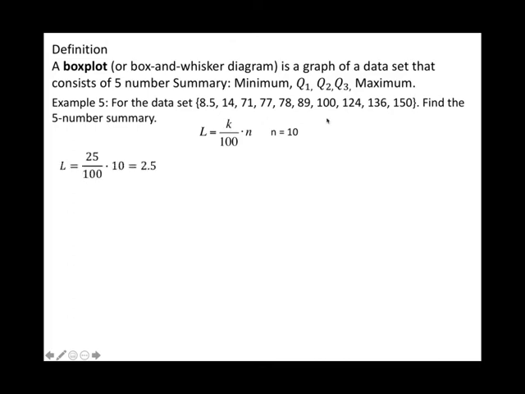I plug into the formula: K divided by 100 times N, and we have 10 data, so you should get 2.5. Is 2.5 a whole number? No, right? This is not a whole number, so we're going to round it up. That would be equal to 3. Now we're going to find the position of 3 here: 1, 2, 3. So my Q1 is going to be equal to 71.